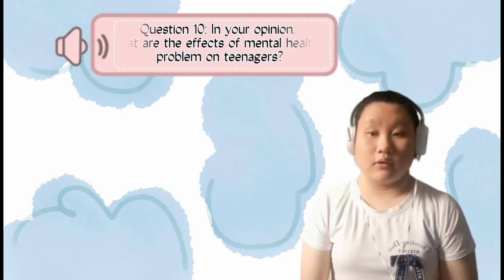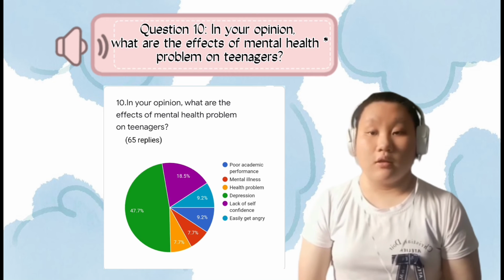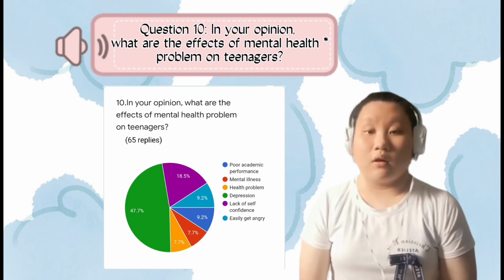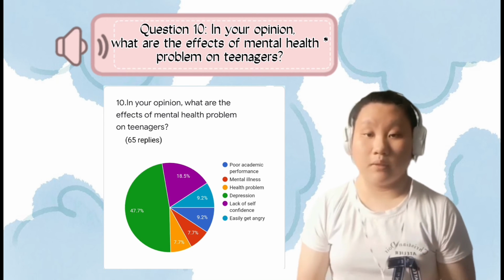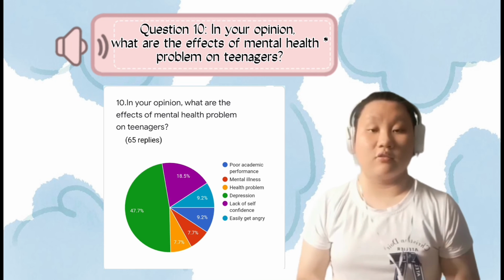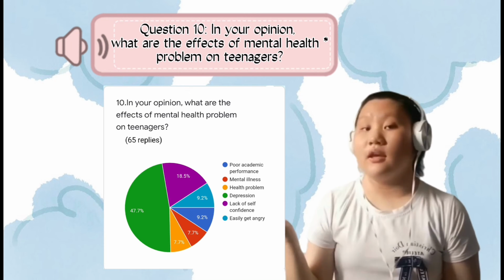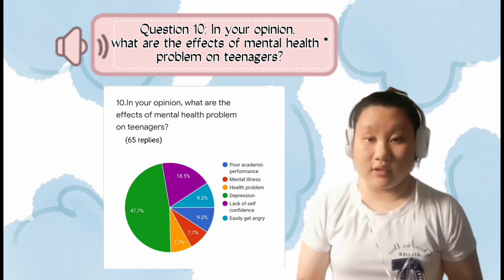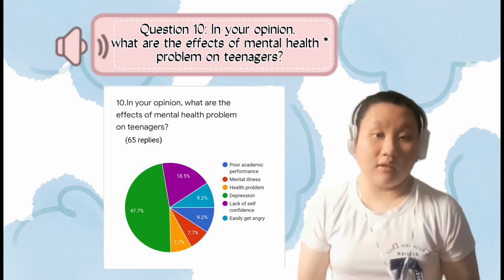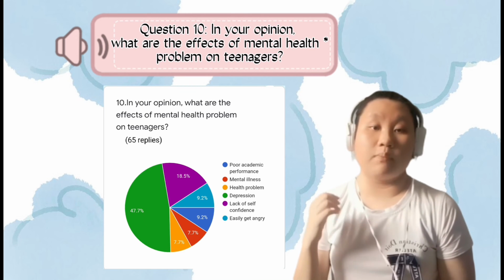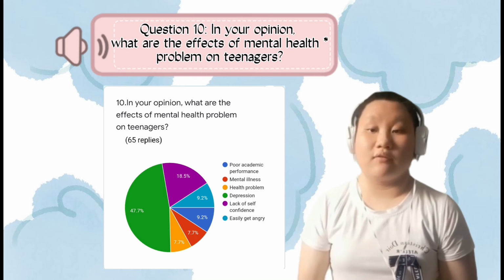Next, this chart asks the opinion on the effect of mental health problems on teenagers. As we can see, almost half of people answer depression and almost a quarter answer lack of self-confidence.